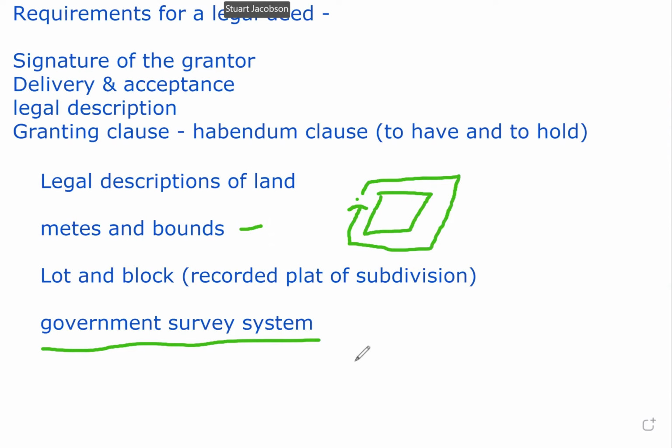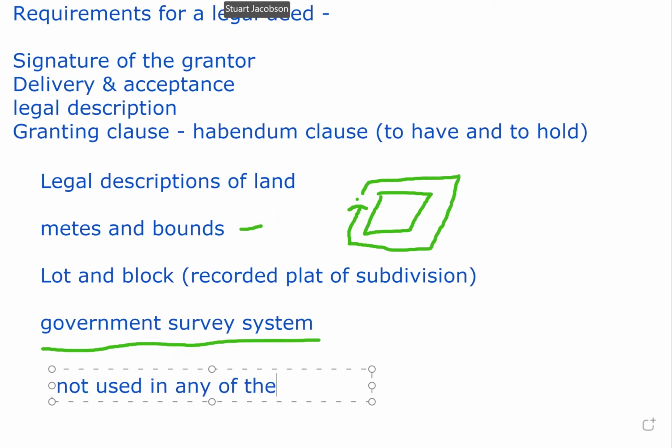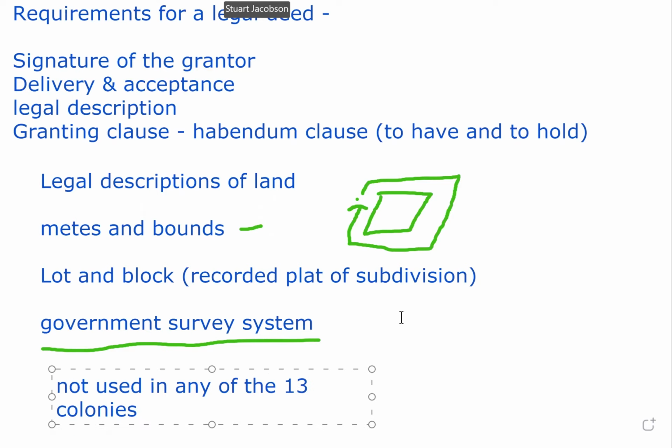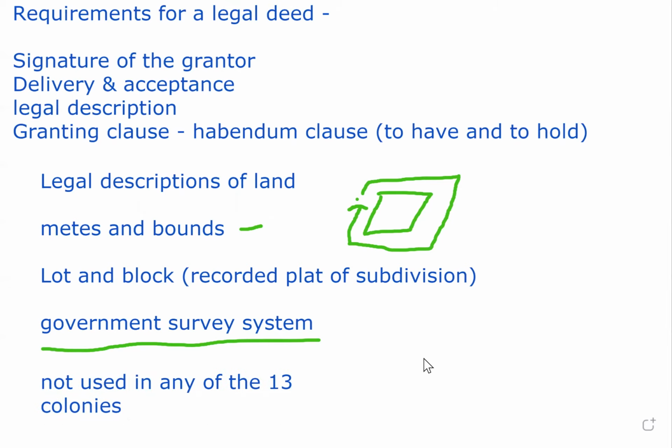Now, government survey system. I'm going to put a little note here. Not used in any of the 13 colonies. Okay. So if you're on the East Coast, basically your western state border looks like a child drew it with a crayon.